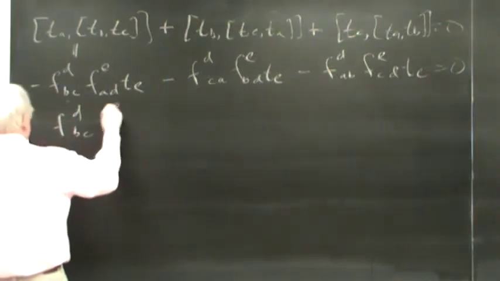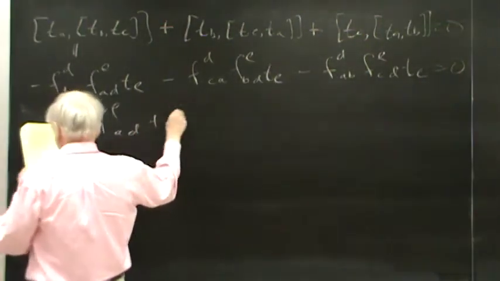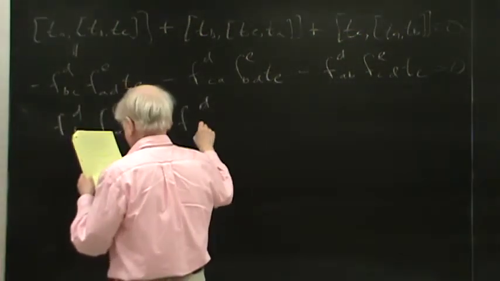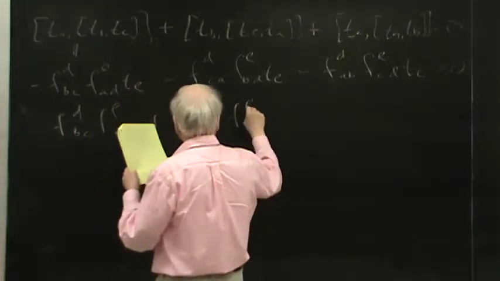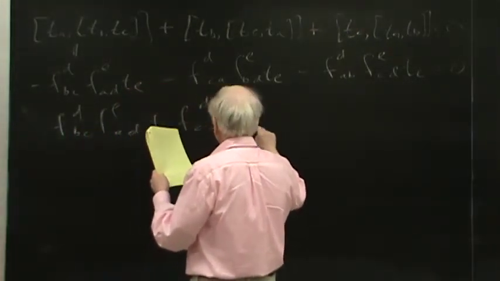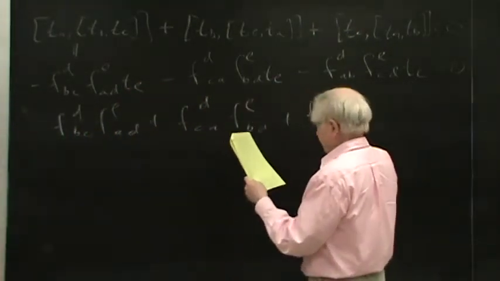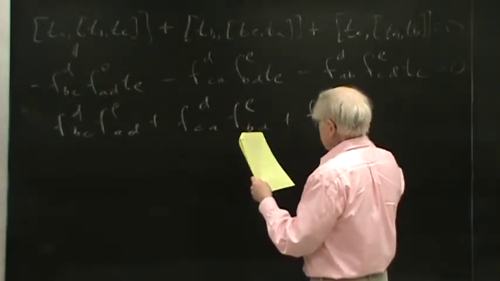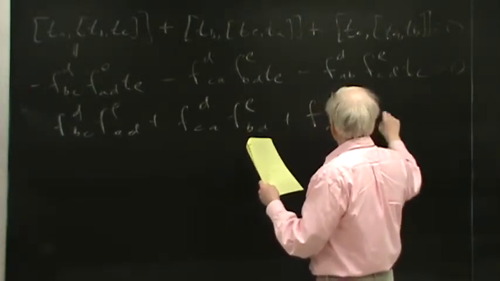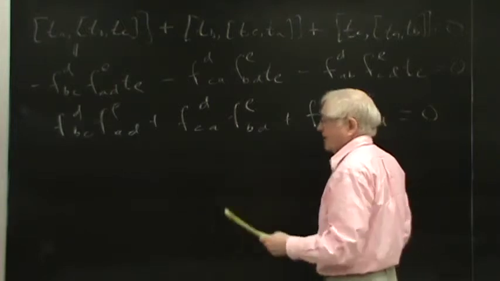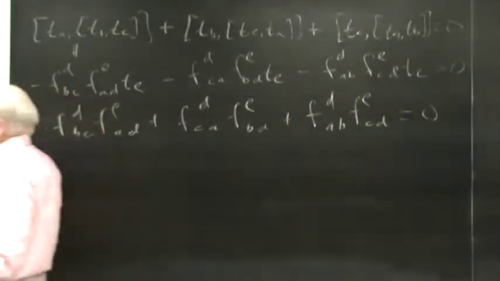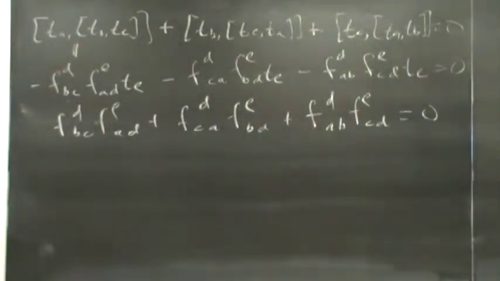FDBC FEAD plus FDCA FEBD plus FDAB FECD equals 0. Now we make this definition. In terms of the F's, we're defining these matrices. And what do we find?